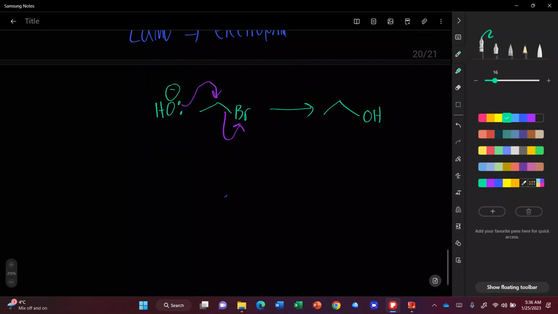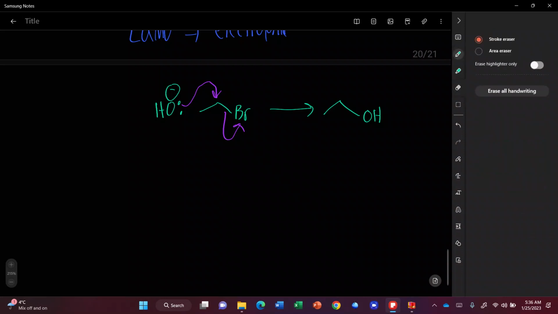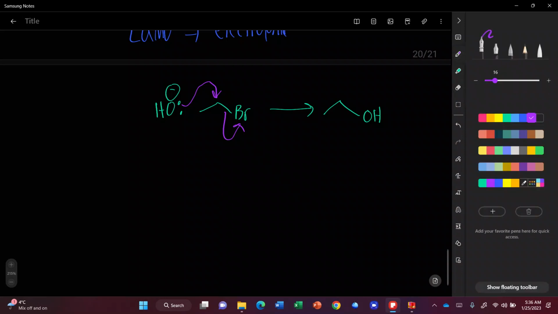We can describe this in a more exact way, rather than just using arrow notation.